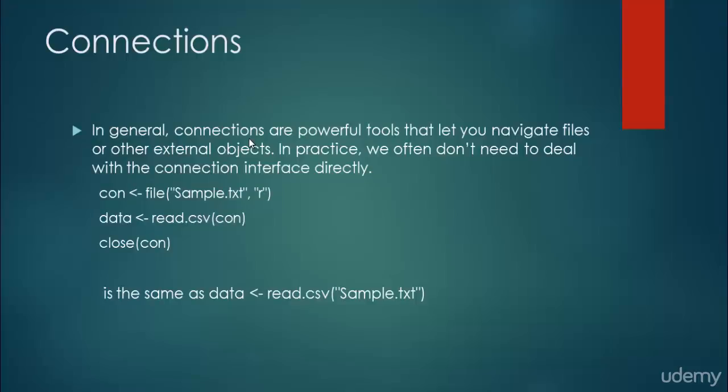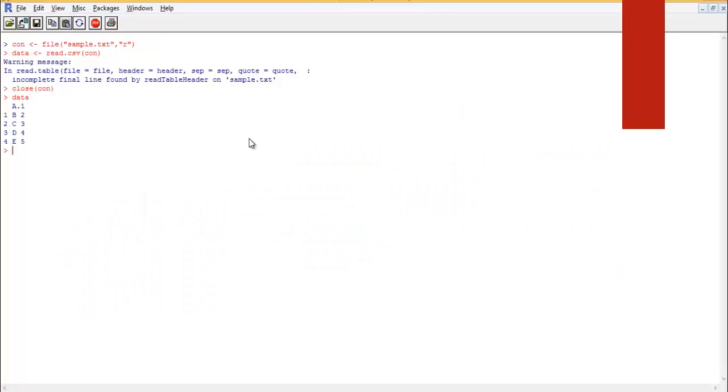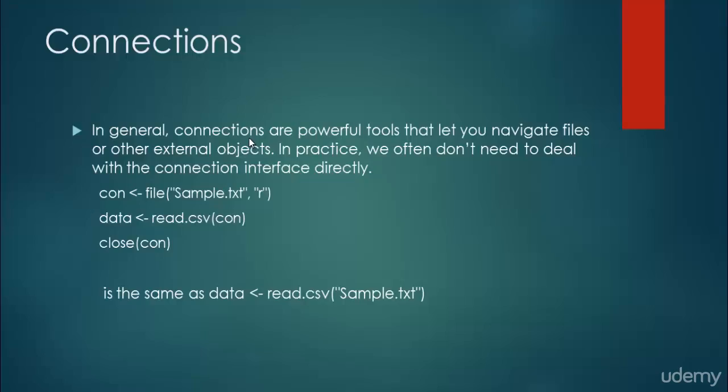Now the connection is closed. This is the same as read.csv of sample.txt, but instead we have a connection, and you can display the data here, and you'll find A1, B2, C3, D4, E5, and A and 1 are treated as columns here.